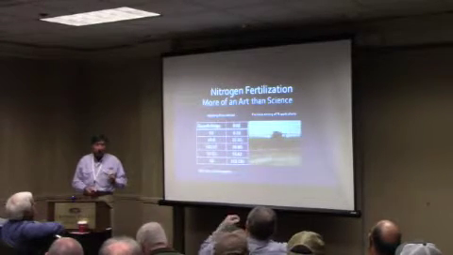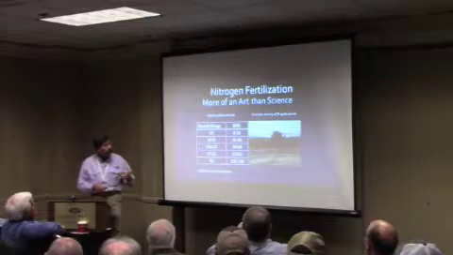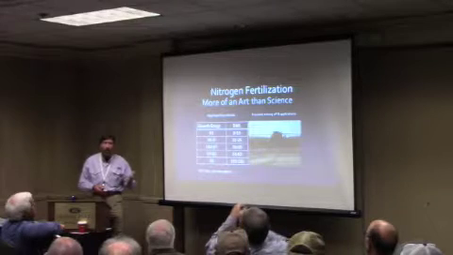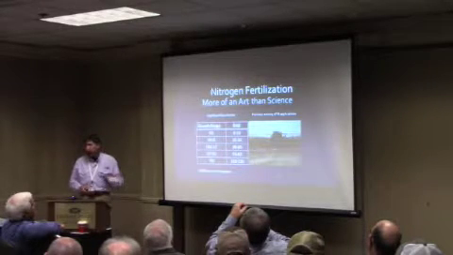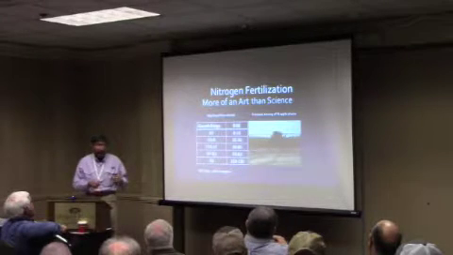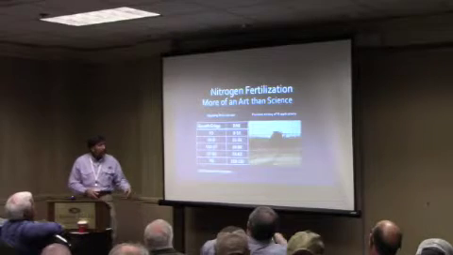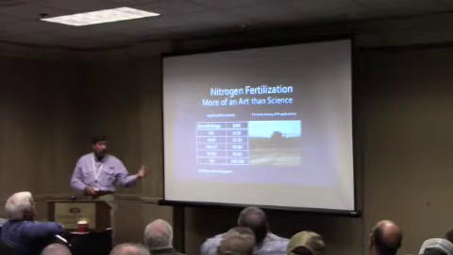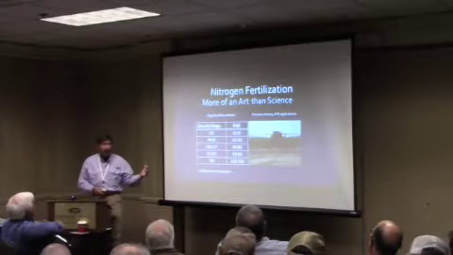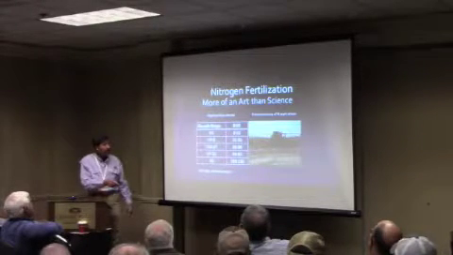It's been said many times that in the old days nitrogen was more of an art than a science. We said the same thing about cotton defoliation years ago, that defoliating a cotton crop was more of an art than a science. In one of the first corn production handbooks that I saw, everything was based off days after emergence.